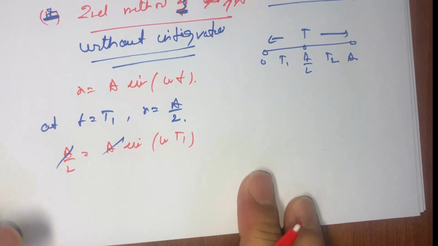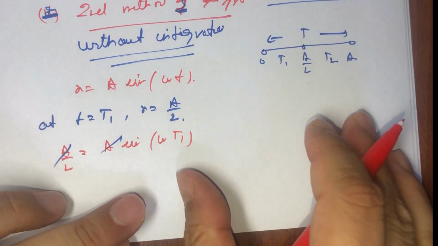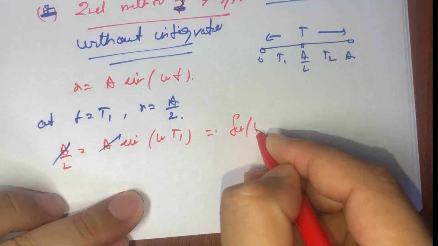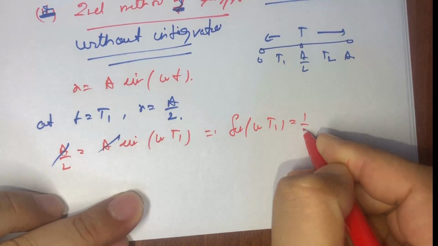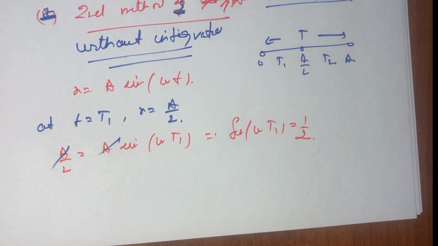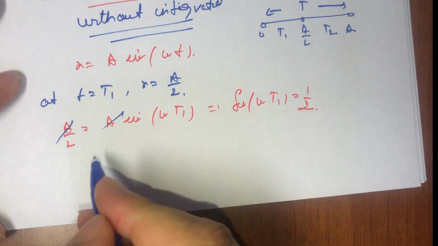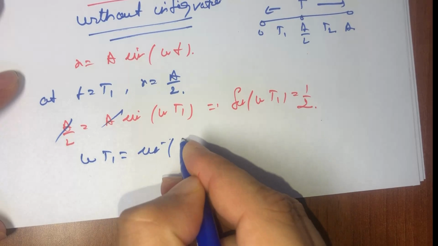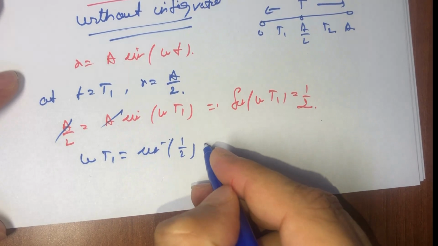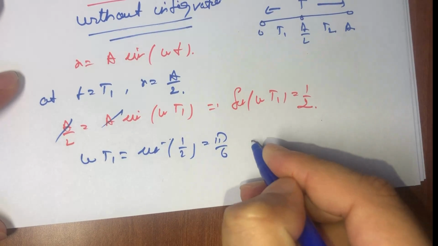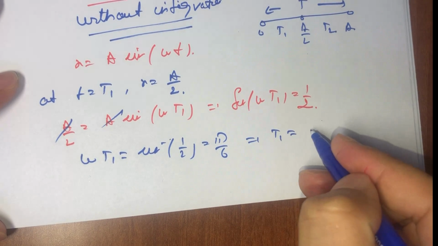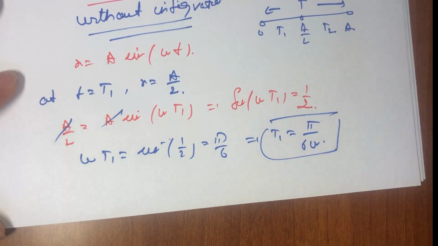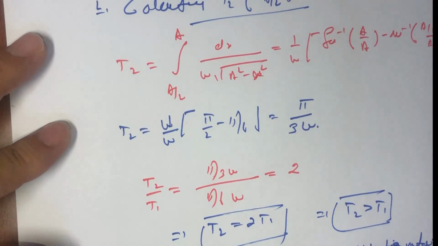We get sine of omega t1 is equal to 1 by 2, or omega t1 is equal to sine inverse 1 by 2, which comes as pi by 6. From here t1 will be equal to pi by 6 omega. So we found out the t1.